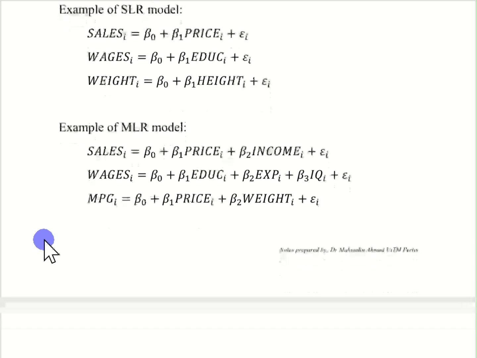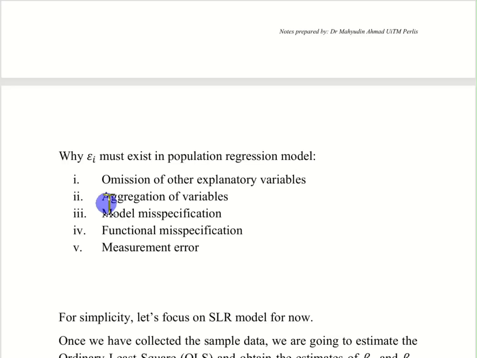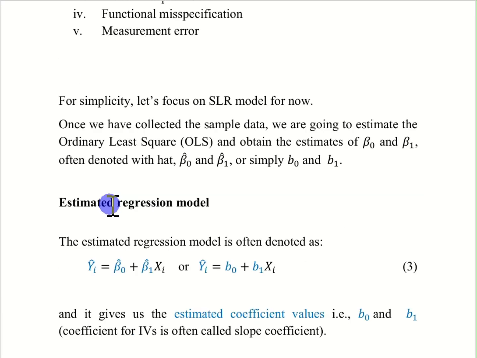For example, we collect data on wages, years of education, years of experience, and the IQ test score of the workers. And using the data, we can estimate them through ordinary least squares, and we can obtain the estimated regression model.